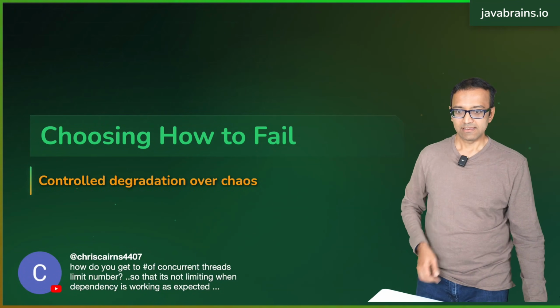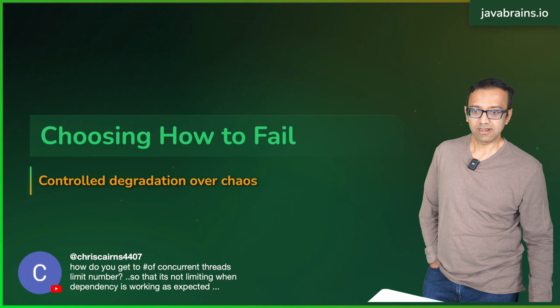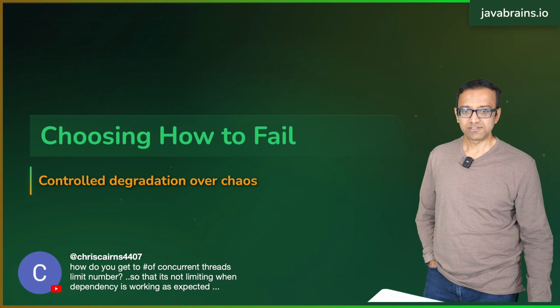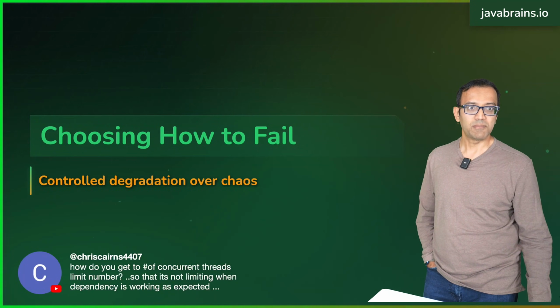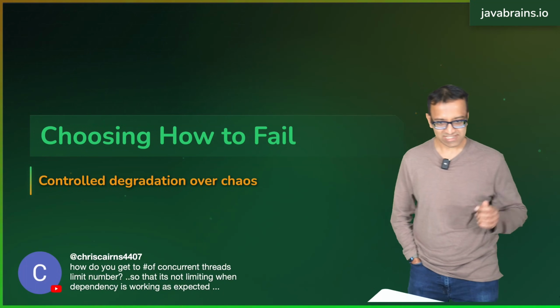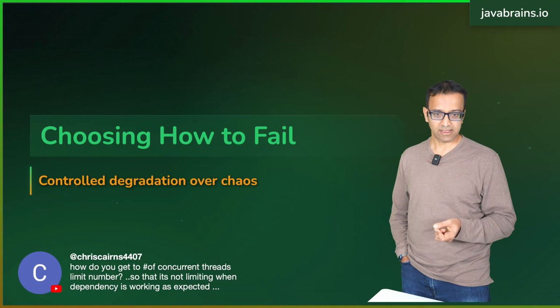How do you get to the number of concurrent threads limit number? So that's not limiting when the dependency is working as expected. It's through a bit of trial and error, a bit of experience, and you can make it a little smarter. It's an art, I would say. You know from experience when you start building it, you can do a little bit of calculations as well.